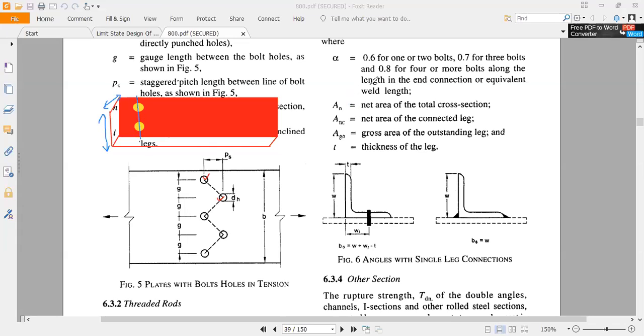Let me draw it in the red color pen. The top view of that half part will be looking like this. Is it clear?